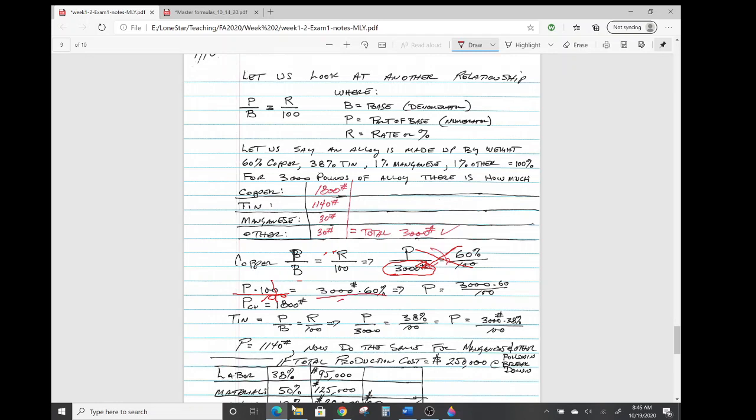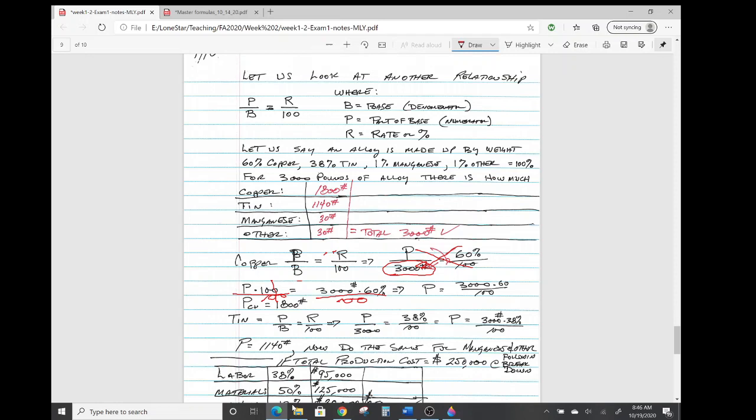And take 100 over here. And that gives us P equals 3,000 times 60 divided by 100. Okay? And work that out, and what do you get? Oh, you get 1,800 pounds of copper.